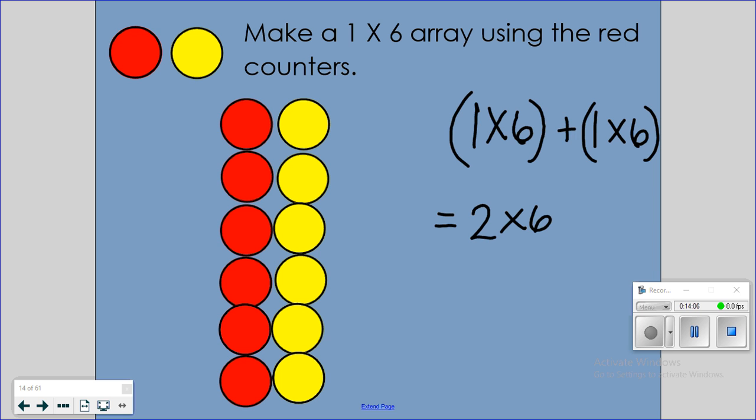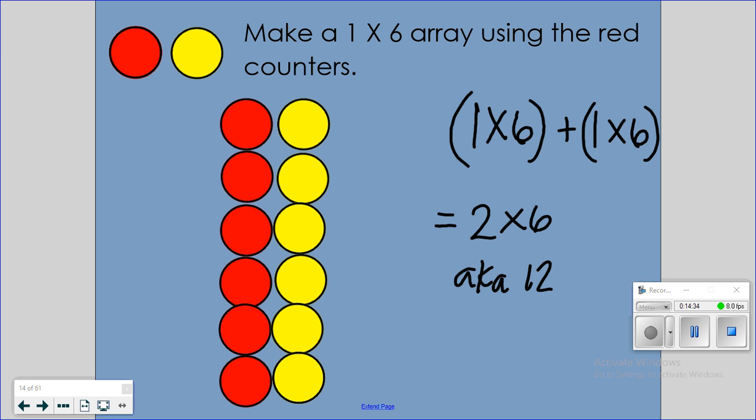What is 2 groups of 6 equal to? Count it. It's on your desk. Let it make your array look like mine, please. Michael? It equals 12.